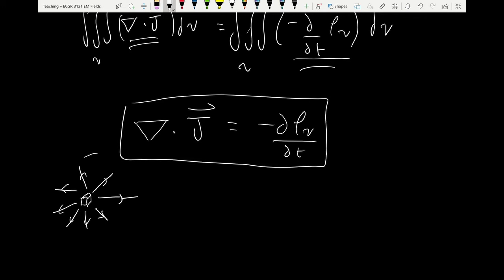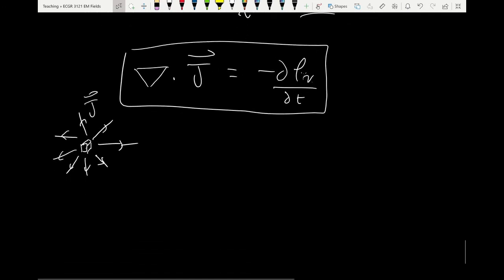So since the current is flowing out from this volume, naturally the charge density in this volume should go down. The charge in this volume is going down, and the rate of it going down is a function of j, according to this formula.